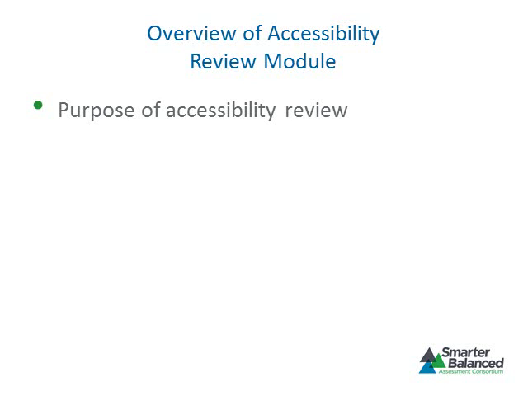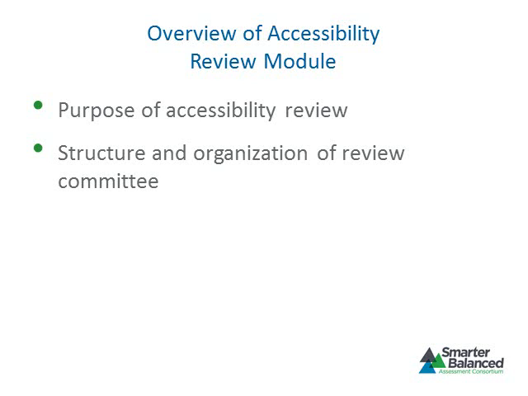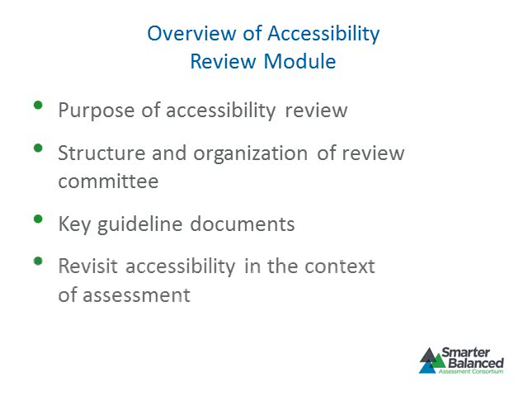Specifically, this module describes the purpose of accessibility review, provides an overview of the structure and organization of the Item Review Committee and the expectations of committee members, introduces the several documents that were developed to provide guidelines for the development and review of accessible items and tasks, revisits the concept of accessibility in the context of assessment, and identifies several issues that should be considered when examining the accessibility of items during the review process.